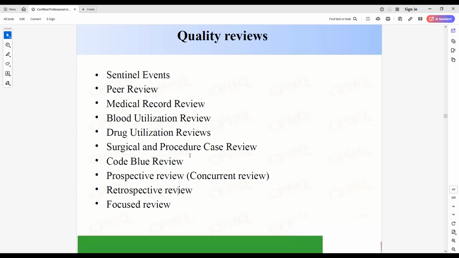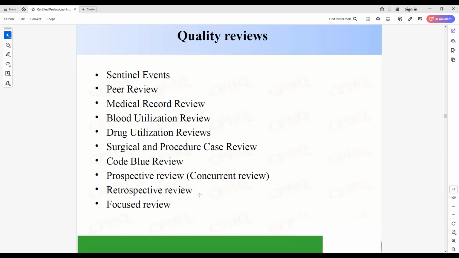But there are also examples of code reviews that you do at the end. For example, the team will do the code, they will document the code sheet, and then there will be a retrospective review. Debriefing. And after the debriefing, remember, we have the code blue committee.